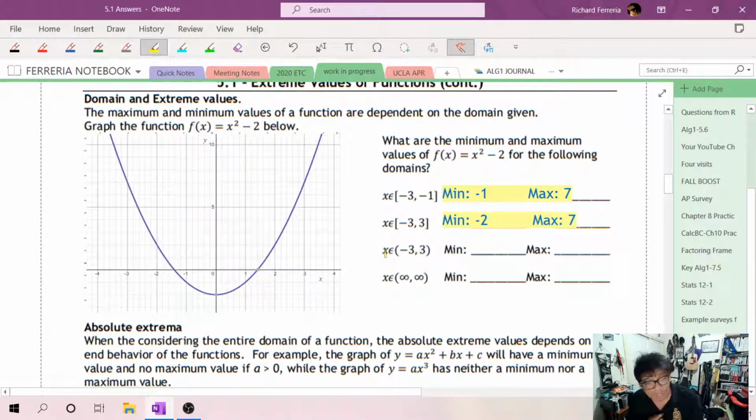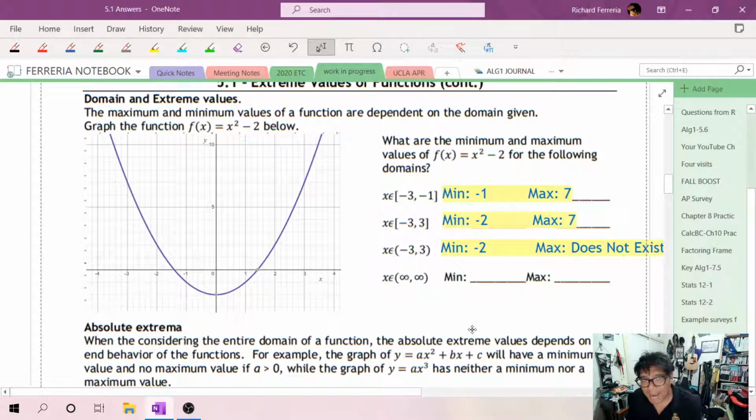And what about if you said the maximum was 6.999? Well, actually the function can get to 6.9999. So you can just keep on getting closer and closer to 7 without actually getting to 7. So that's why we say there's no actual maximum value. The minimum value is the same. It's still negative 2.